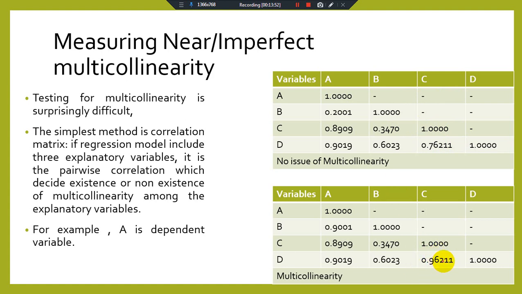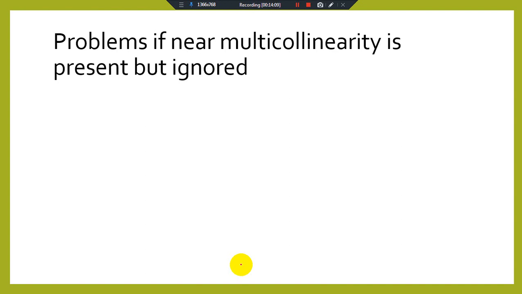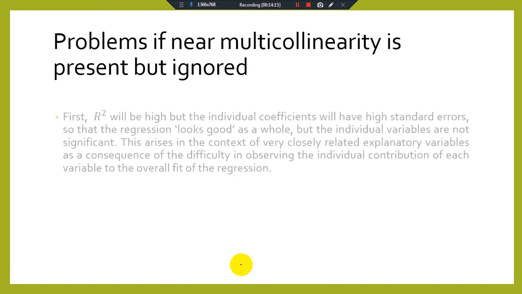But here we have a strong correlation between C and D. We can say there is a multicollinearity issue in our model, or between our explanatory variables D and C.